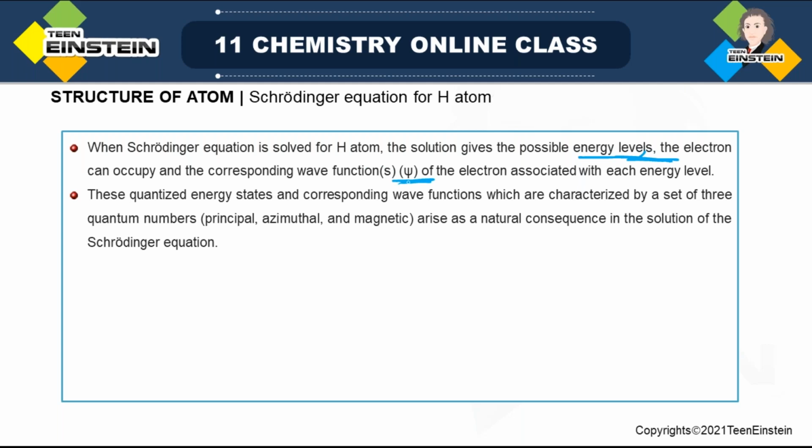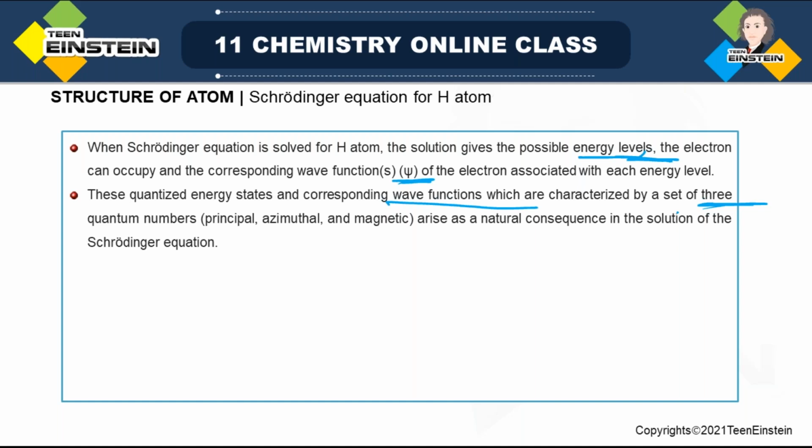So suppose energy level E1, then it is psi 1, energy level E2, then it is psi 2. So for each energy level there is a specific wave function psi. This quantized energy state and the corresponding wave functions are characterized by a set of 3 quantum numbers. These 3 quantum numbers are principal, azimuthal, and magnetic.